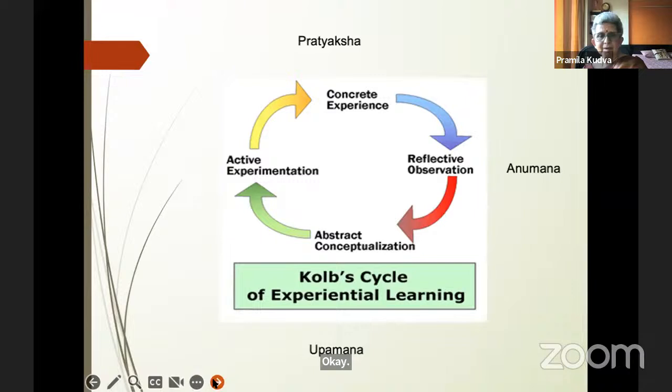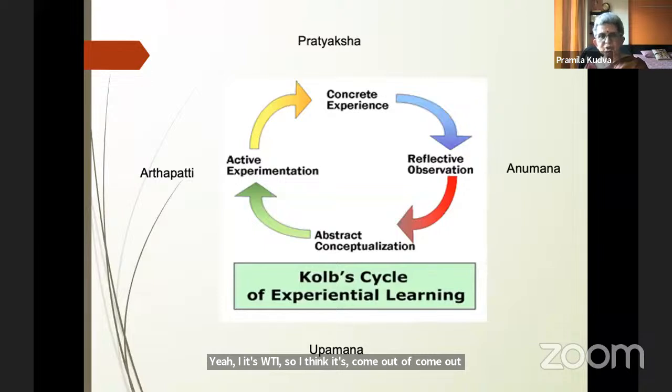That will be Artha Utpatti, right? It is actually Arthapati. It's Utpatti, I think. Artha Utpatti. It's called Arthapati in the... Yeah, it's double TI, so I think it's Artha Utpatti, something to come out with meaning. Utpatti is Utpanna.